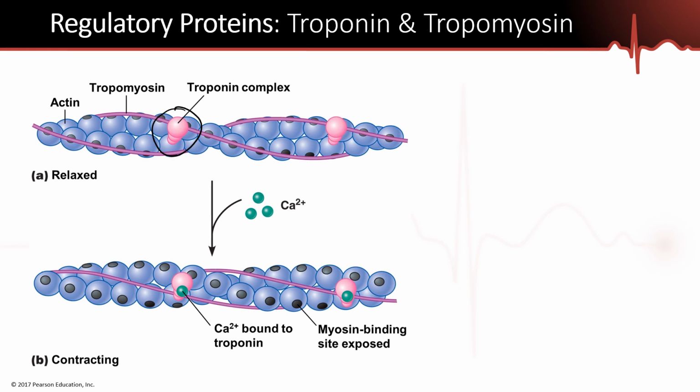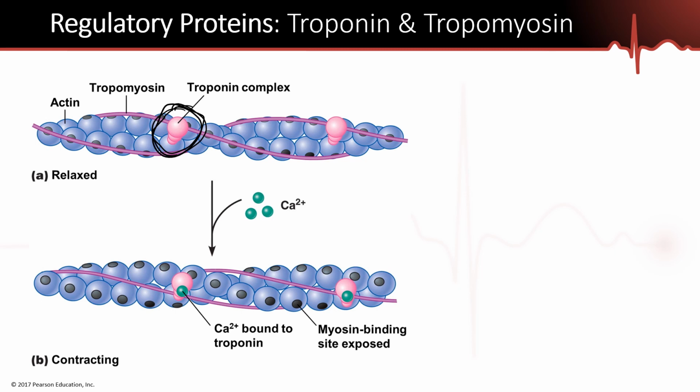And I say that for a very specific reason, because troponin binds to both the actin filament and tropomyosin. They're really two different proteins, and the troponin complex binds to both of them.